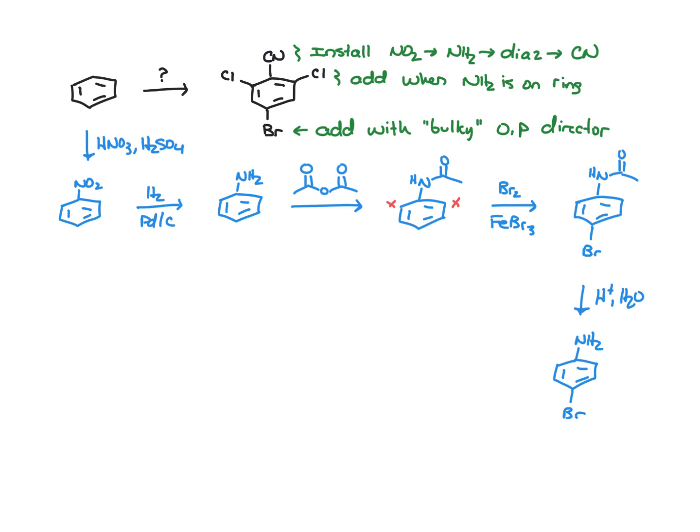This is now the time to chlorinate, because it's going to add chlorines to its two ortho positions. You can add the catalyst, but with this strong activating group, we don't really even need it.